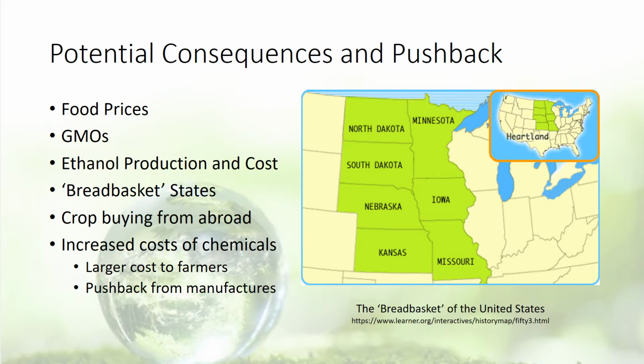The breadbasket states such as Iowa would fiercely oppose this plan, and if the legislature supports it, it may equate to political suicide. Importing crops from other nations may increase. The increased chemical cost would result in not only farm pushback, but chemical manufacturers as well. This plan also goes against the American Gothic long-held view of farming.